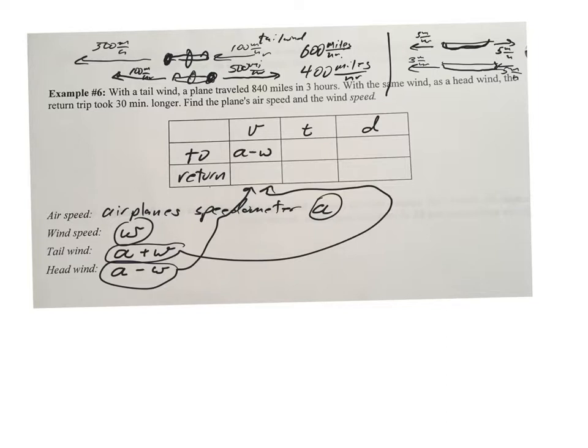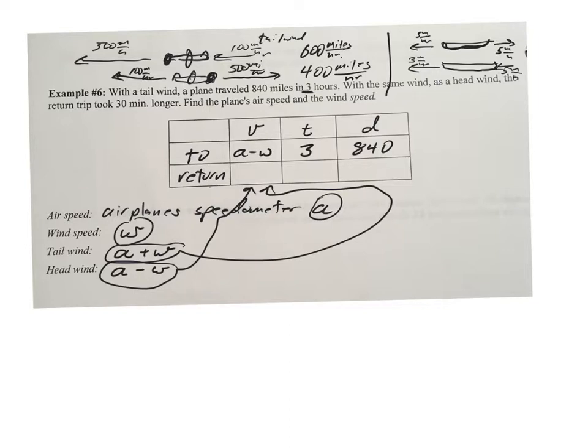The time it takes to go there, can anyone see it? It's right up here. It says 3 hours for the first trip. So the first leg of the trip is with a headwind, so it's A minus W. The trip is 3 hours long, and the distance is 840.